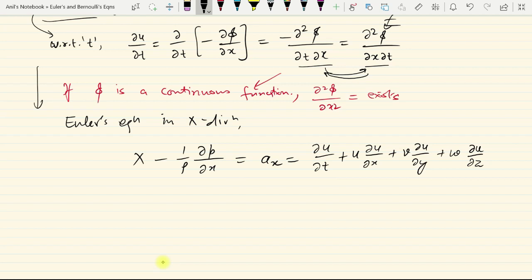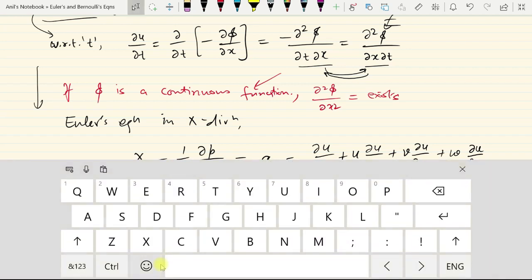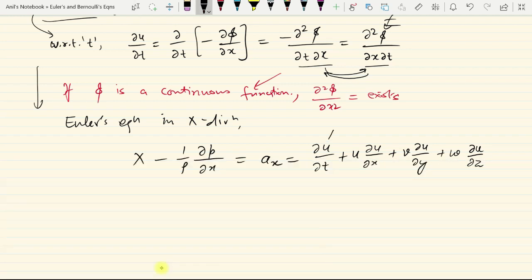If we replace the velocities in terms of phi, this can be substituted here in this equation.